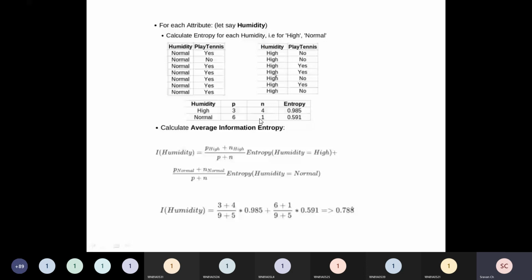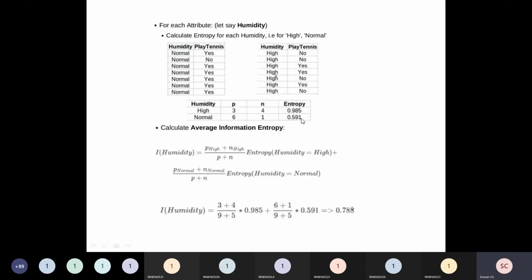Similarly, the second subset has a total of 7 records again, out of which 3 are positive examples, 4 are negative examples. Now you know the P value and N value. You apply the entropy formula, and you will get the entropy for high, which is 0.985. Means the entropy for this right hand side table is 0.985. The entropy for this left hand side subset is 0.591.